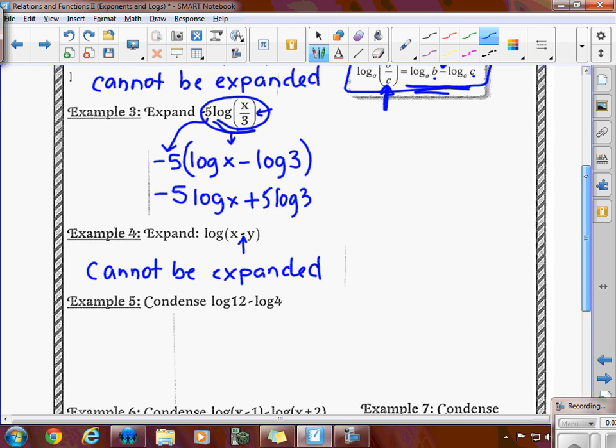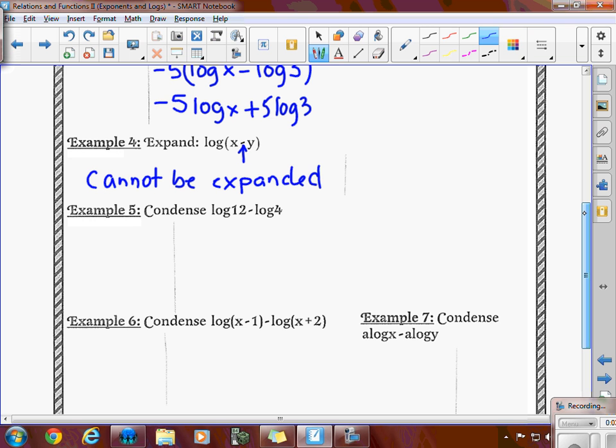Example 5 now takes it a step different way. Here it's saying condense this, so make it a single log if possible. I do have a subtraction of two logs with base 10, so that means, if I'm looking at the division law of logs backwards, I should be able to take the stuff and actually divide it out.